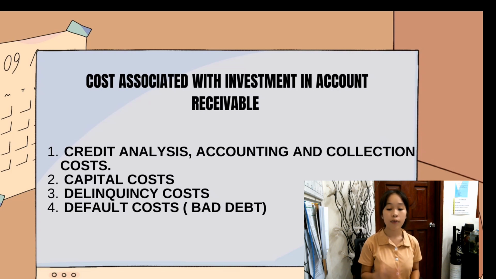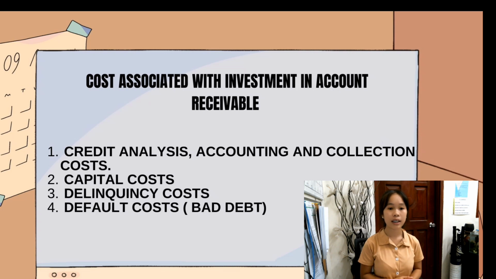If the firm is extending credit in anticipation of attracting more business, it incurs the cost of hiring a credit manager plus assistants and bookkeepers within the finance department, of acquiring credit information sources, and of generally maintaining and operating a credit and collection department.